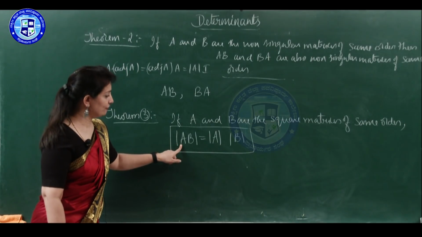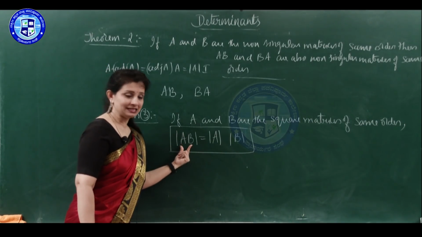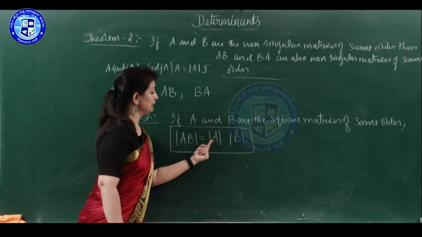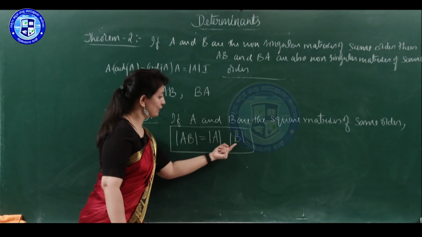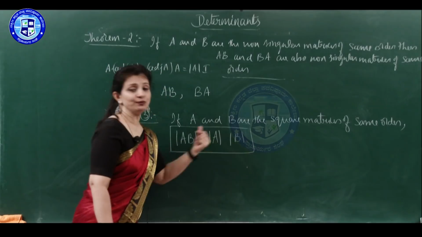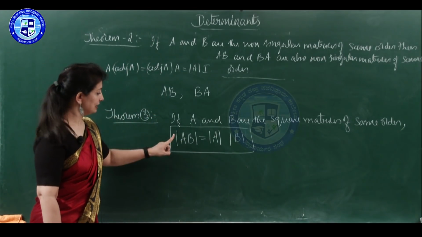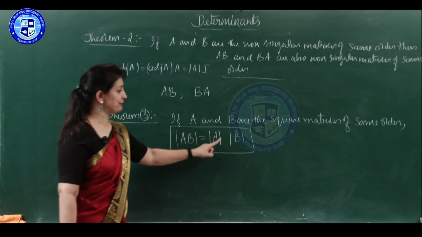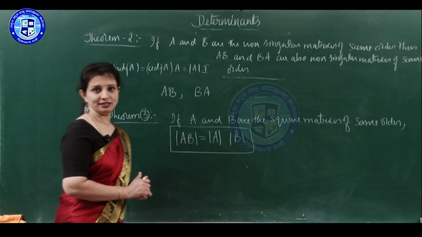The determinant of the product of two matrices is equal to the product of the determinants of the respective matrices, or determinant of AB is determinant A into determinant B. Please make a note of this.